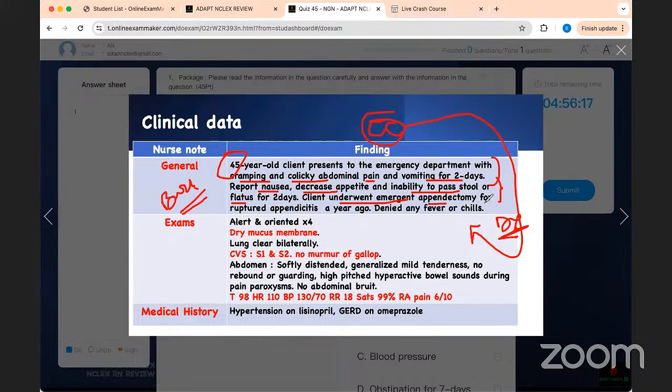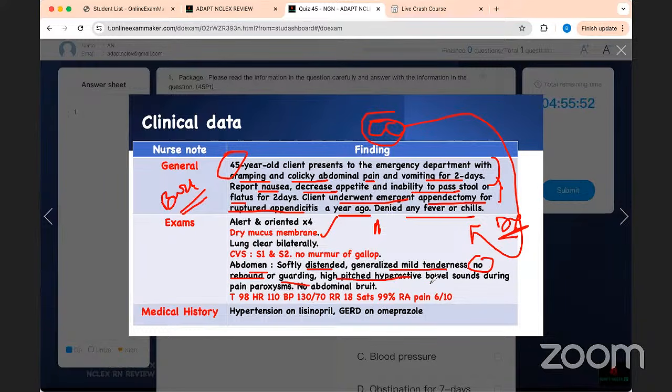Client underwent emergent appendectomy for ruptured appendicitis 1 year ago. Does it give you a clue, right? Client does not have fever, right? The dry mucous membranes, right? And then on the abdominal exam, distended, generalized mild tenderness, there's no rebound and guarding, right?